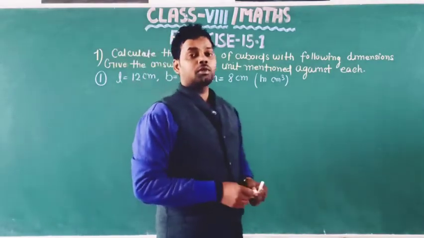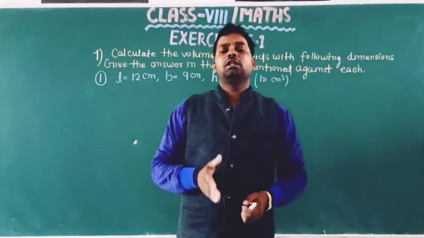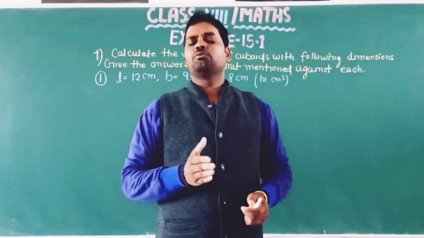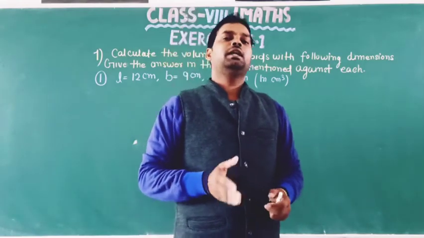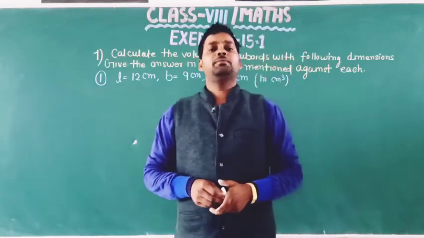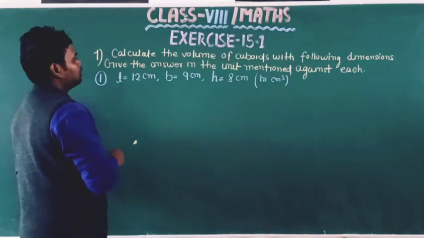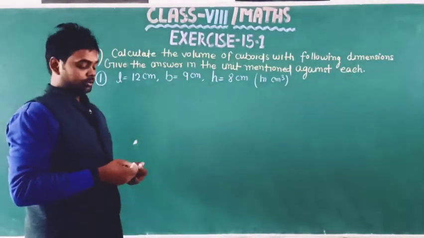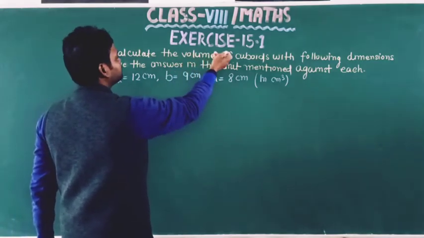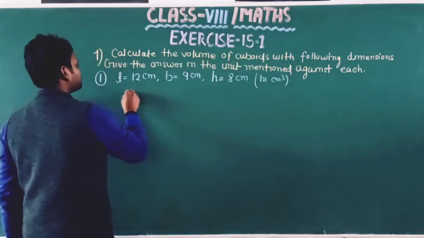So dear children, we have discussed all the formula related to the cuboid and cube, that is volume, total surface area, lateral surface area, in the previous lecture video. Okay, so we know the formula of the volume of cuboid.